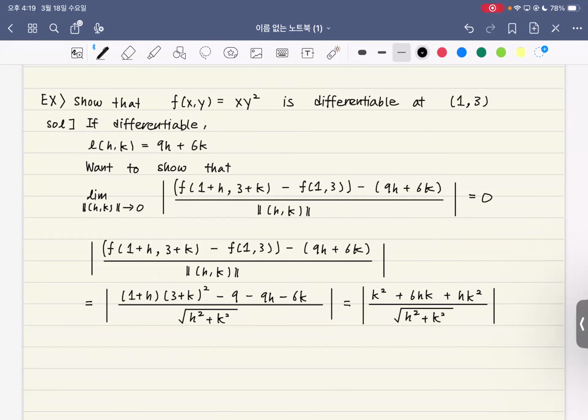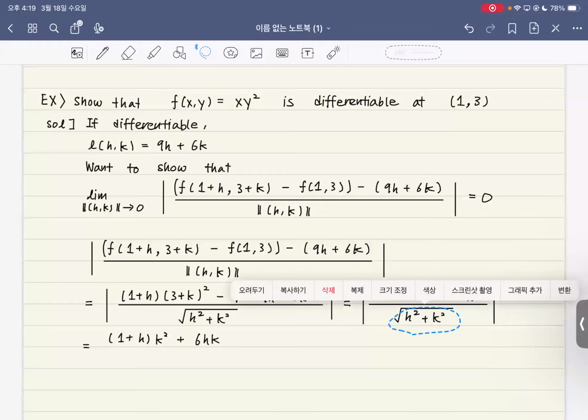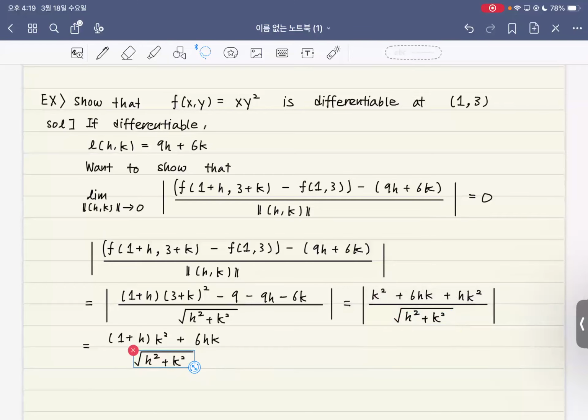And we have two terms with k squared. So (1 plus h) times k squared plus 6hk, so I can rephrase it like this.